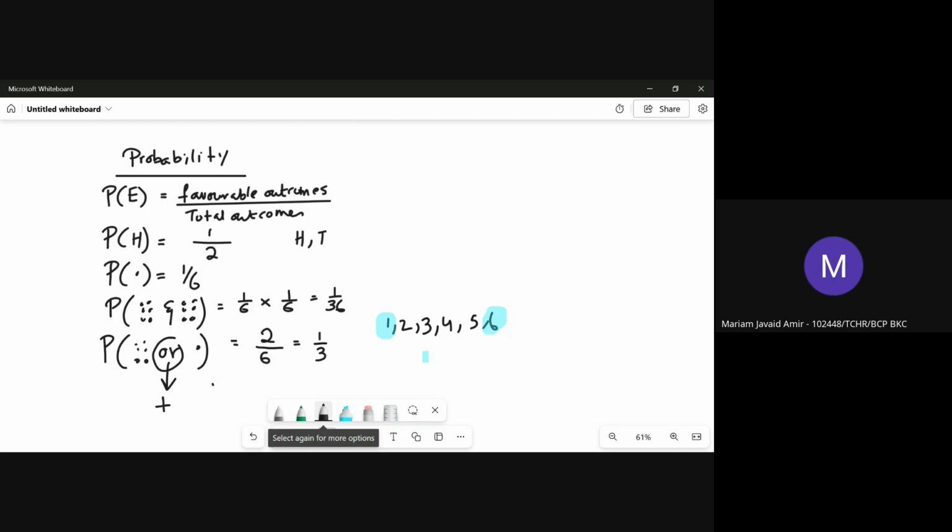So find the probability of getting a 6, then add a plus sign and find the probability of getting a 1. So 1 by 6 plus 1 by 6 will also give us the same answer, 2 by 6, which is 1/3.